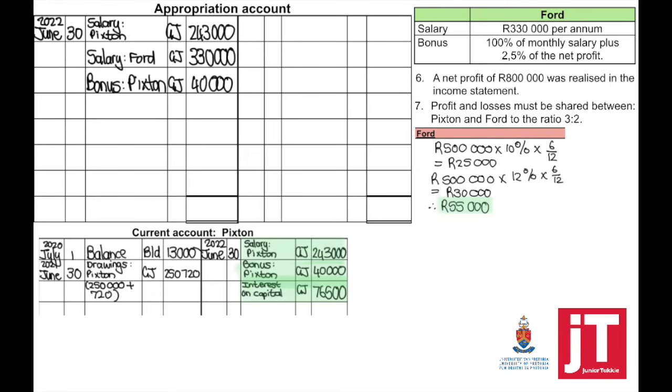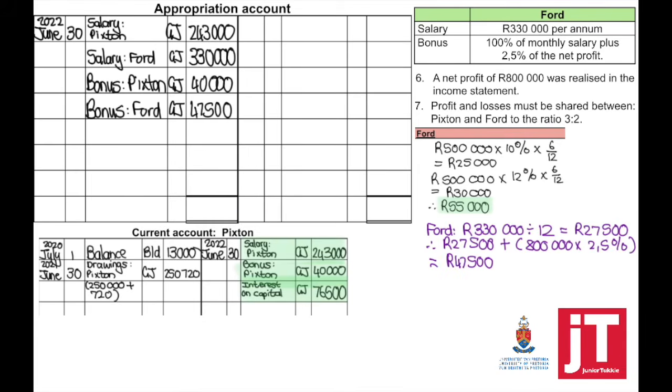But now if I look at Ford, Ford is also entitled to a bonus, 100% of the monthly salary plus 2.5% of the net profit. So if his salary is 350,000 per annum, to find the monthly, we have to divide it by 12, and then we're going to say 27,500 plus 800,000 times 2.5%. That equals his bonus for this financial year.